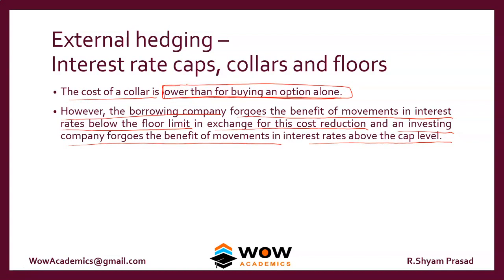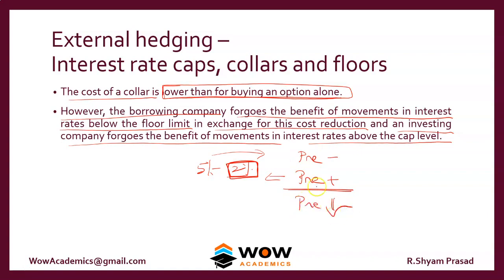So for that lower premium, we are sacrificing a benefit. The benefit is in the 5% to 2% range. We have to pay always 2% at minimum, but we reduce the premium because for this we have received a premium. Our premium is an income here, or a premium is an outflow there. So put together, our premium would be a little bit lower than a normal premium alone. That is what they are mentioning here.